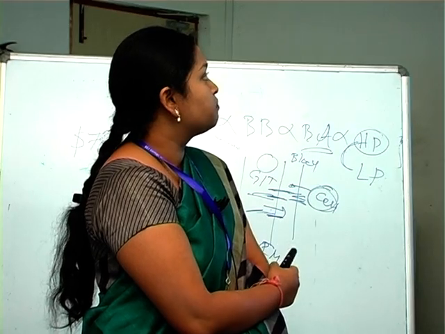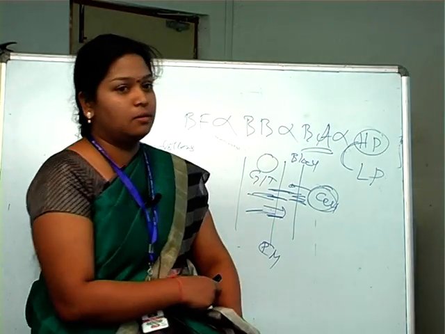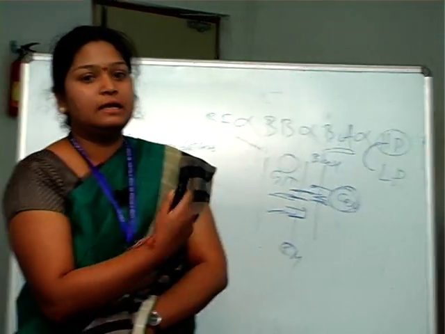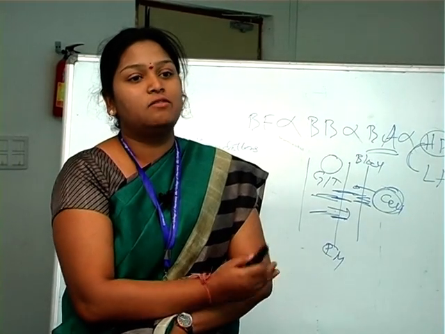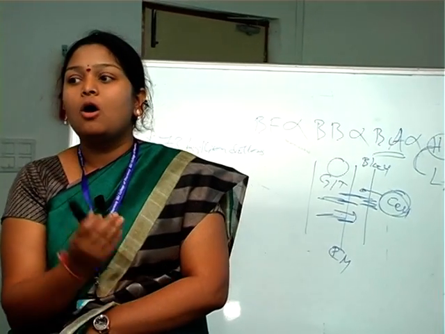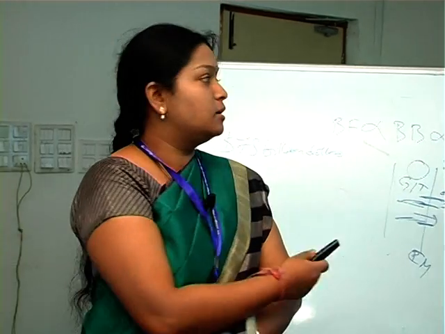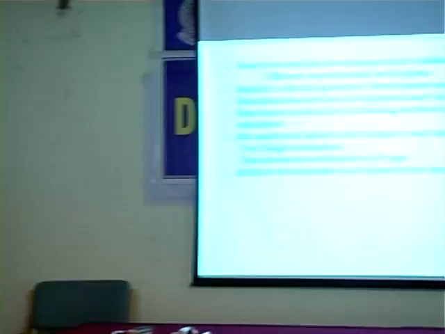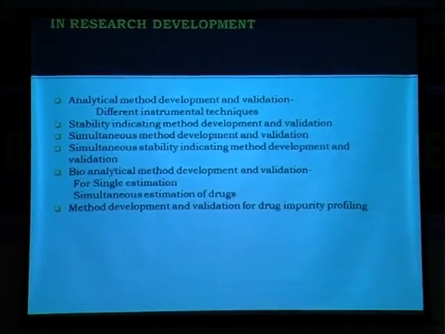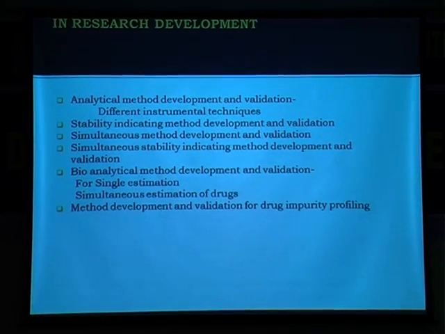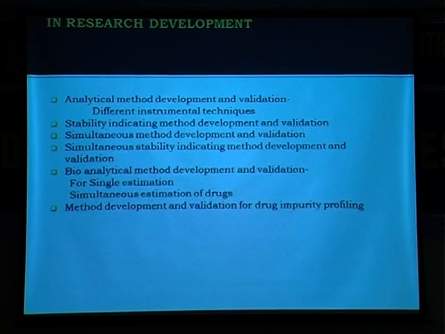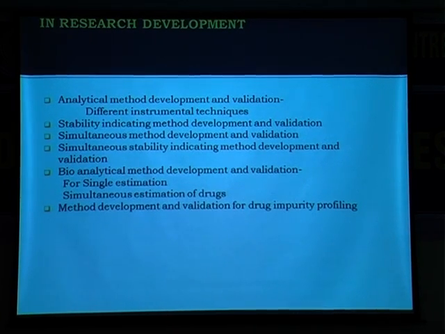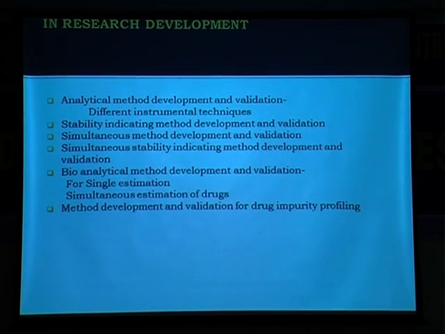So in research and development, how analytical research and development is taking place in industries or at the research level by the research scholars or the students is mainly analytical method development and validation. Analytical method development and validation is nothing but developing a method, optimizing the method and validating it.